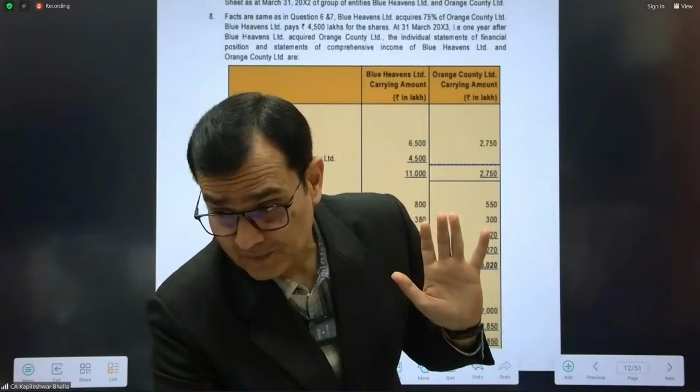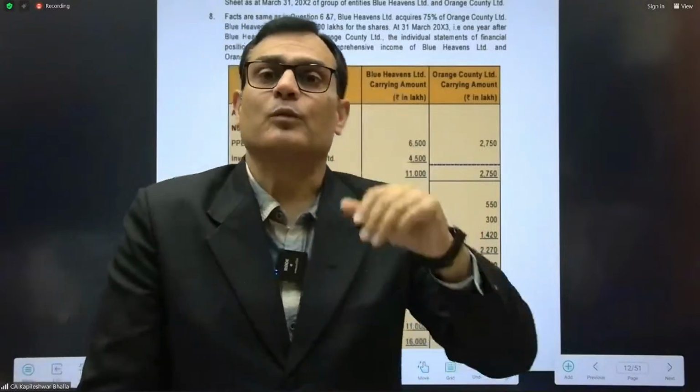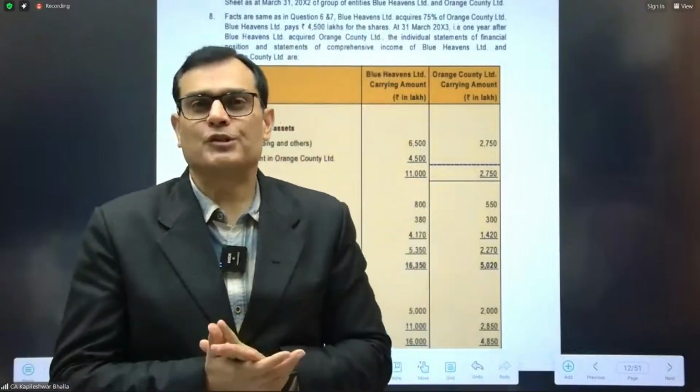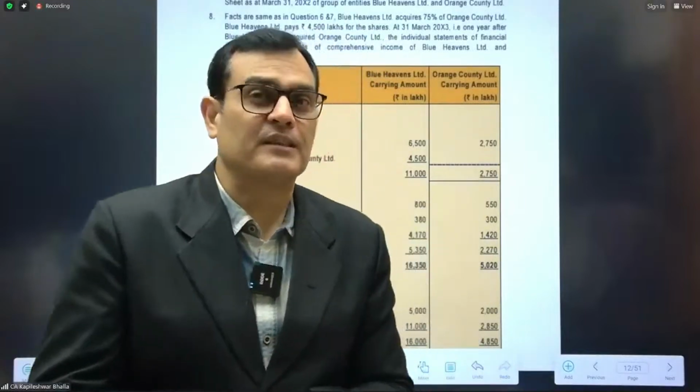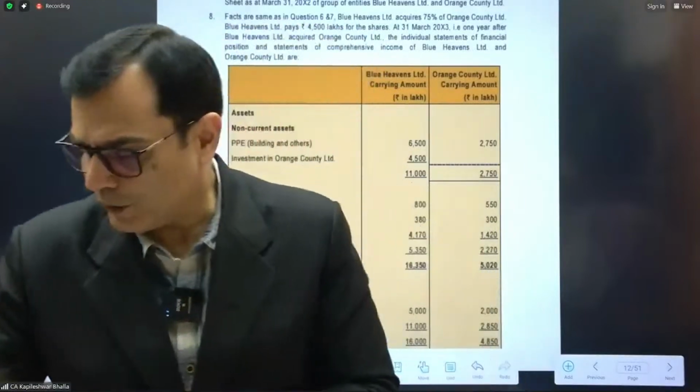So I'm taking an extended version of that question. We did the very first question, which was a consolidation on acquisition date without NCI. And in the same question, we introduced the case of NCI, that was Blue Heavens and Orange County. So what we're doing is a little extension of that question, where we're going to see a consolidated P&L and a consolidated balance sheet put together.